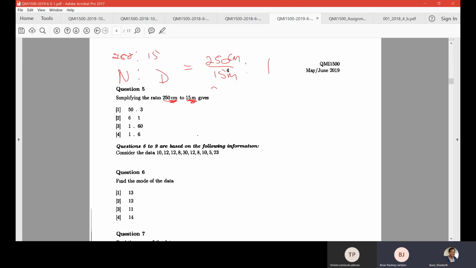And this, we say 250 centimeters divided by 1,500 centimeters. So it would be 1/6. 250 goes into 1,500 6 times.